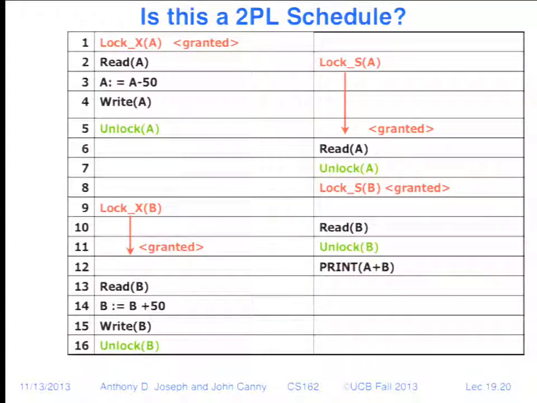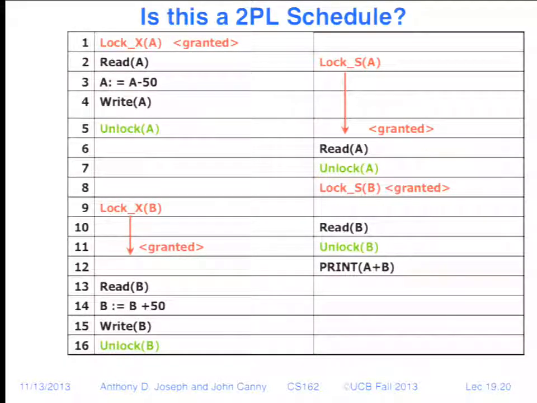So here, this transaction has asked for the exclusive lock. It's only reading first, but then it's going to do a write, so it just acquires the one lock. The other transaction is requesting a shared lock. Transaction 1 will have the lock first, so transaction 2 can't acquire that lock until it's been released.